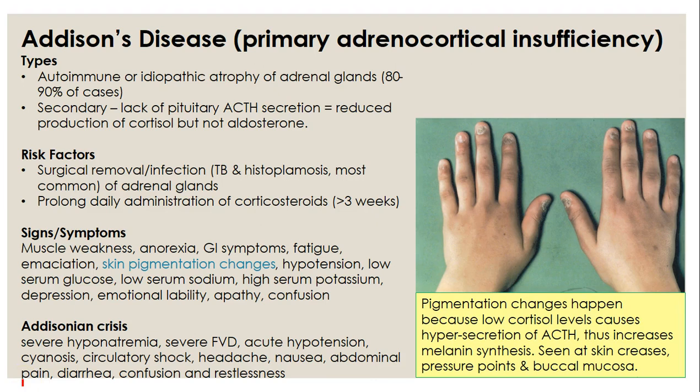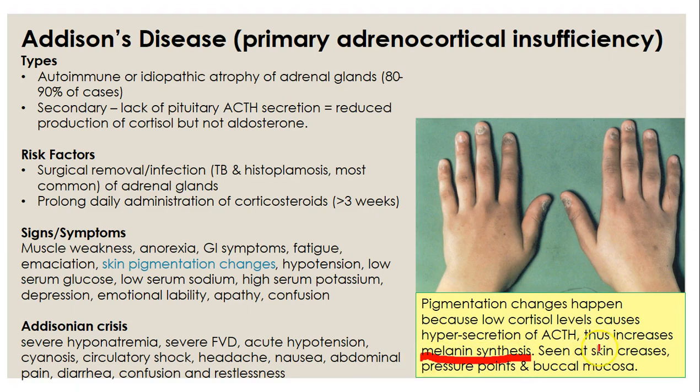In terms of Addison's, it's usually autoimmune. Secondary can be a lack of pituitary ACTH. Risk factors: surgical removal or infection. In terms of the skin pigment changes, this can take a while, but the reasoning behind it is because low cortisol levels cause a hypersecretion of the ACTH, which increases the melanin synthesis in the skin.